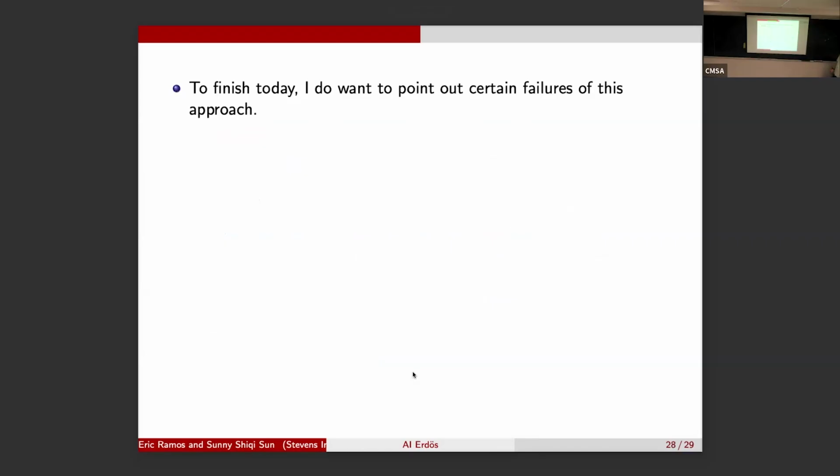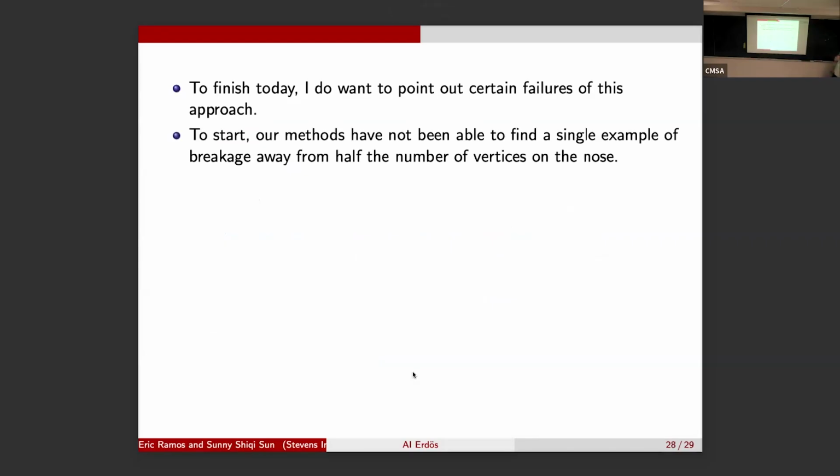Okay, so I want to point out certain failures of this approach. To start, our methods have not been able to find a single example of breakage away from half the number of vertices on the nose. Now, as I said, Galvin's example breaks near, quote unquote, near n/2, but not necessarily at n/2 on the nose.